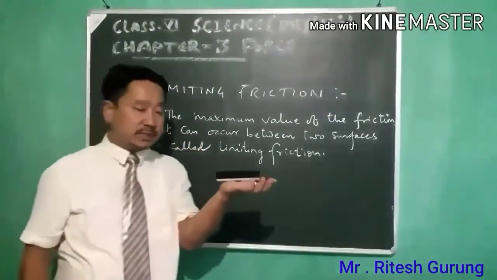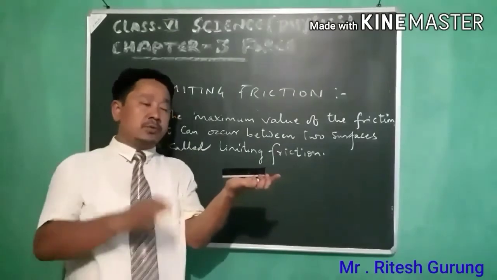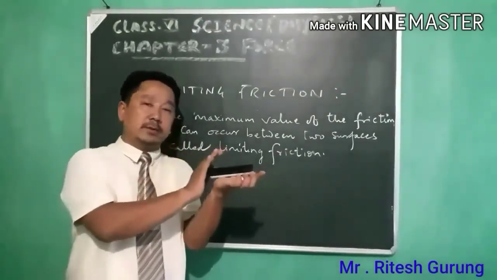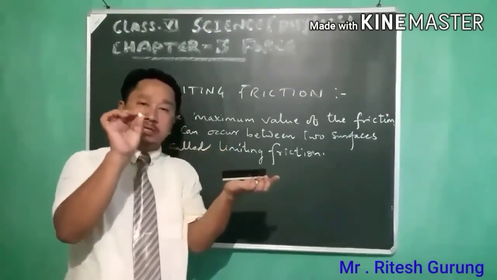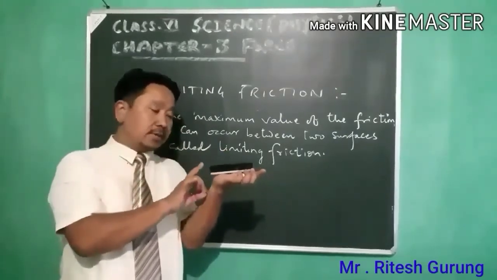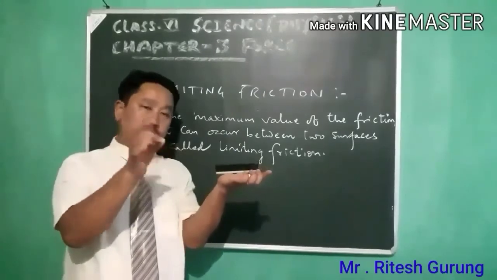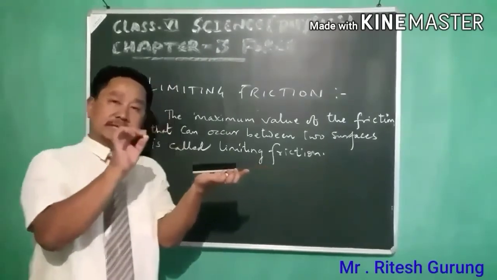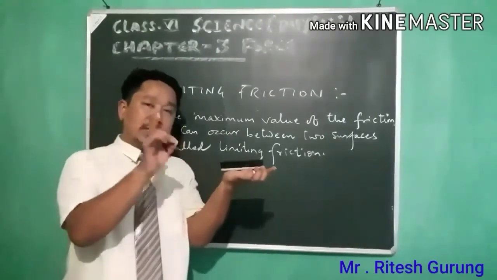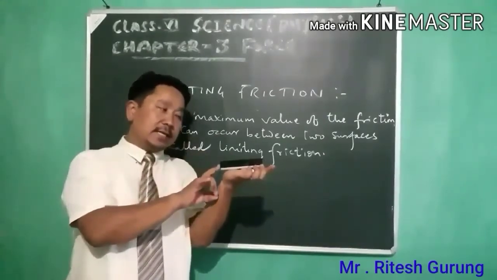Static friction is there. When you want to move this with a small force that you apply, it cannot move, because the force you are applying is very less. You try to increase it slightly, still it is not moving.